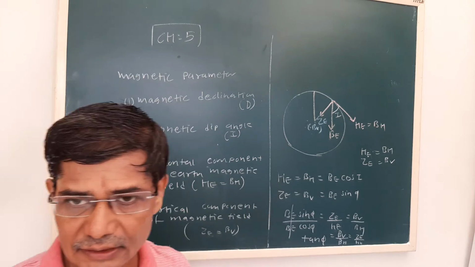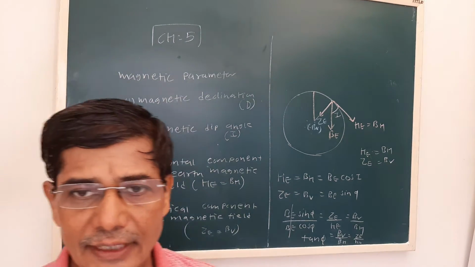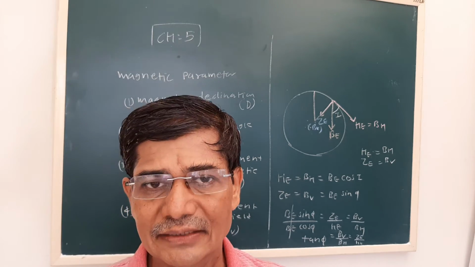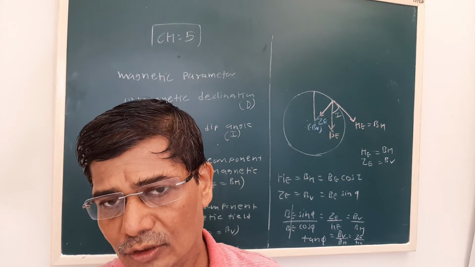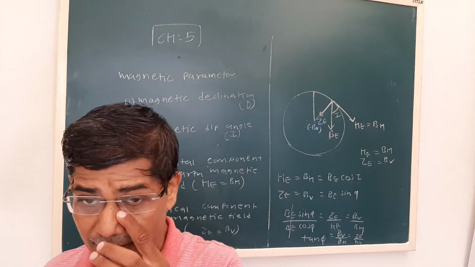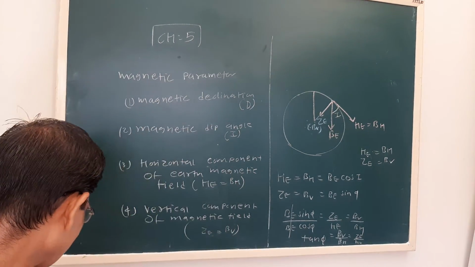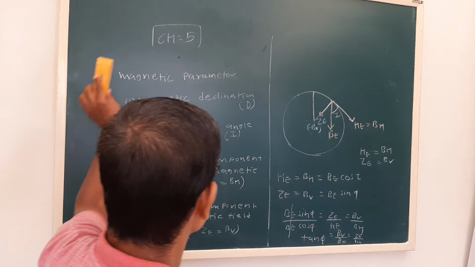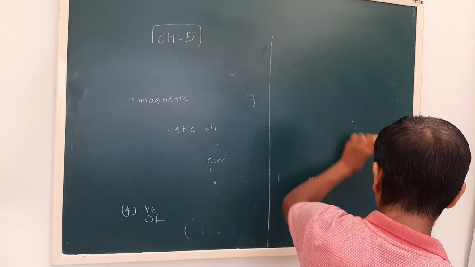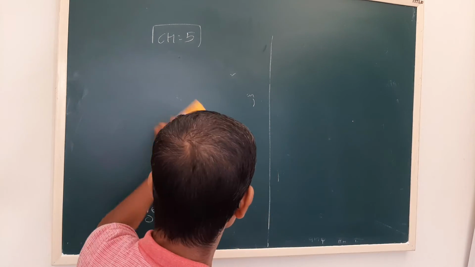Later on we'll discuss the types of magnetic materials. Some of these things you study in chemistry also: paramagnetism, diamagnetism and ferromagnetism. We are going to study them in detail here also. Now some theory part is related to that.